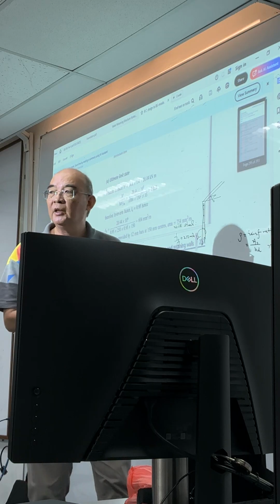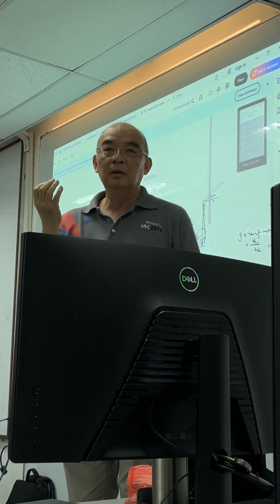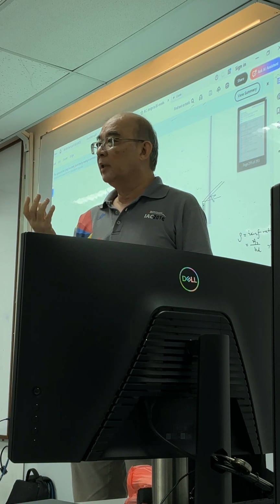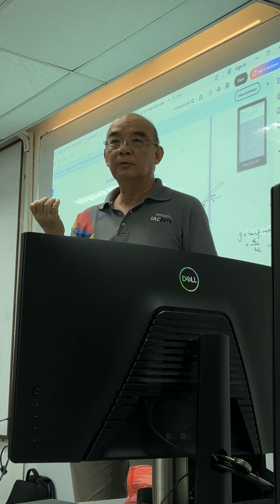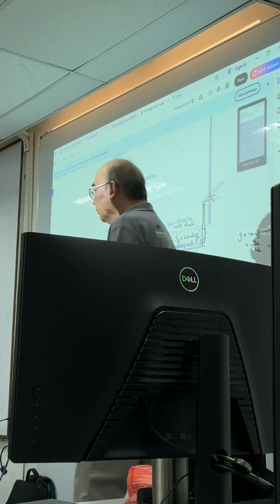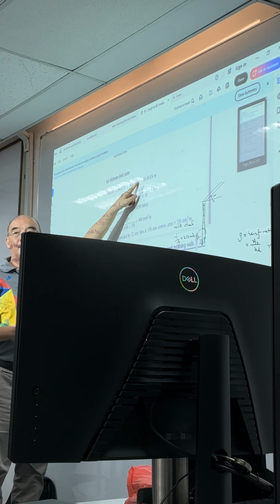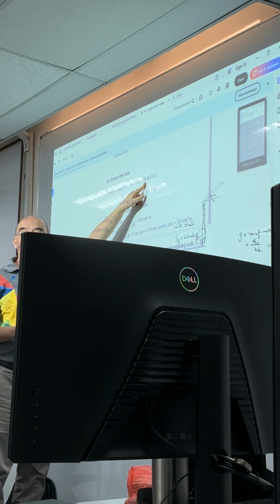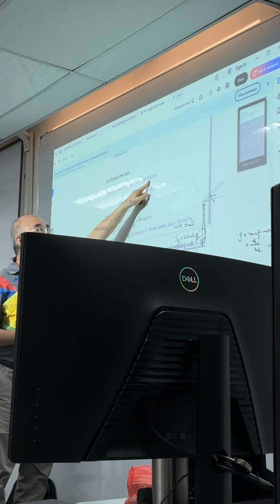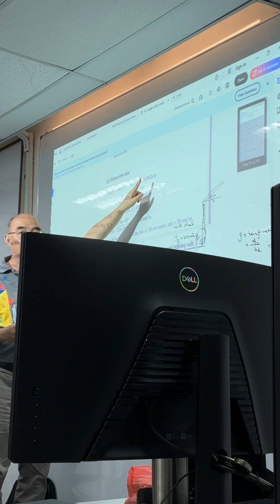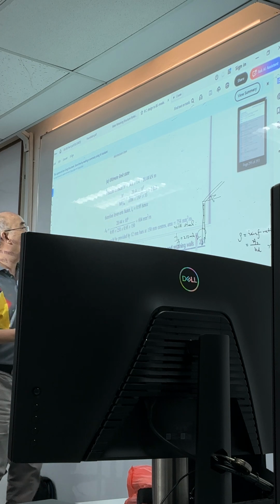That means they consider the water not as a live load, but as a dead load. So 14.6 multiplied by 1.4 is 20.4 kilonewton meter per meter width. This is the ultimate moment.